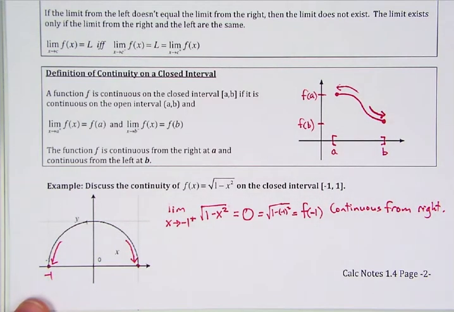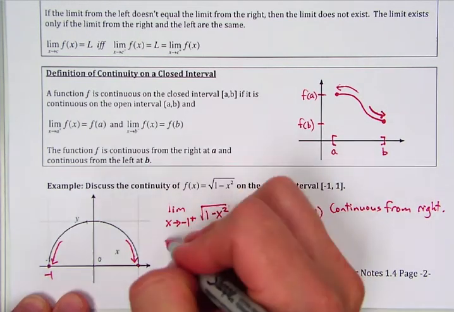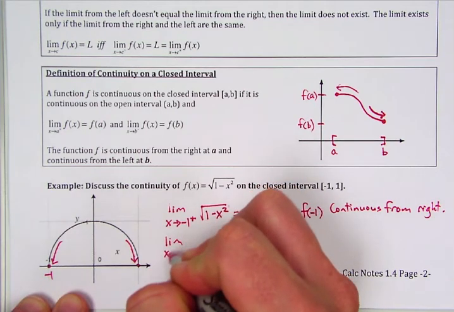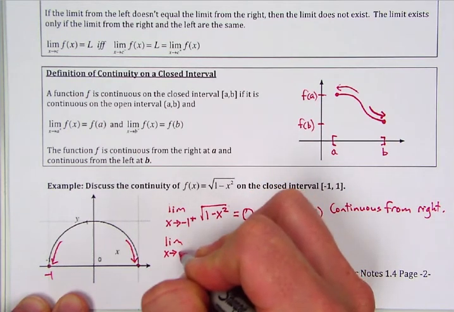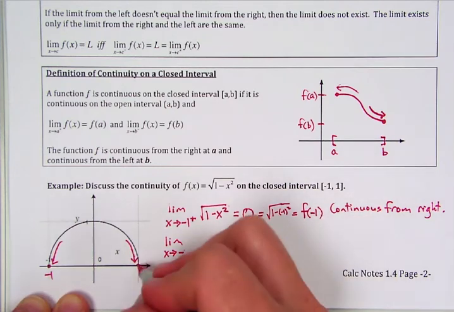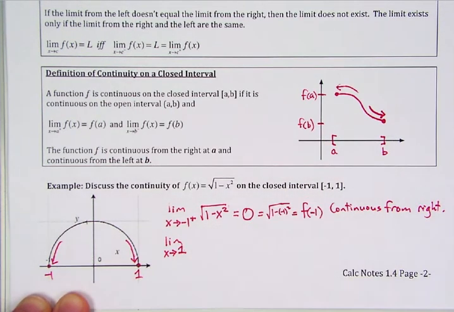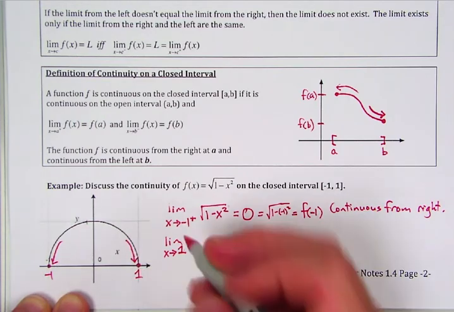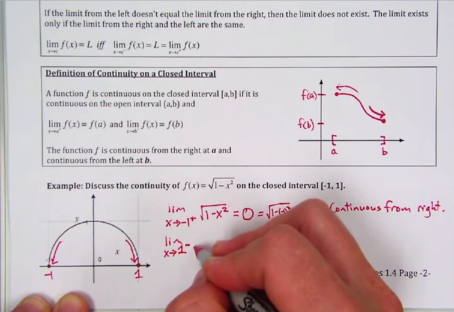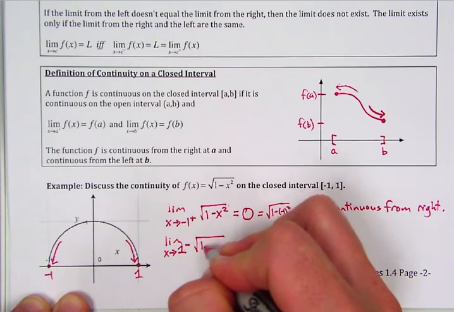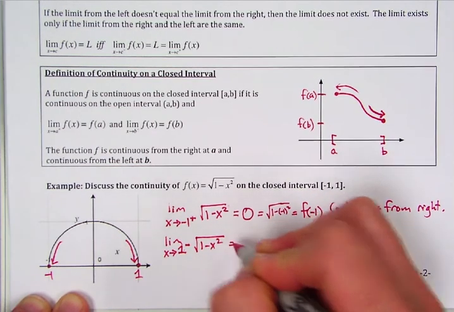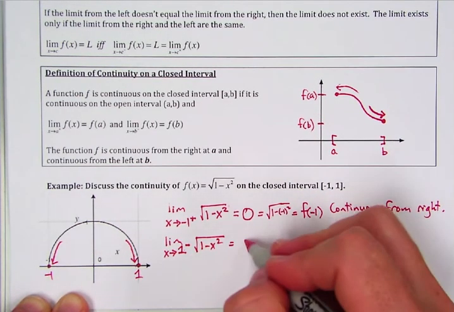Now we're going to check that it's continuous on the left. So we're taking the limit as x goes to, now we're going to this point of 1. And this is going to be from the left side, so we're going to put minus. Then our function. And we can see this is also going to 0, so we know that's the limit.